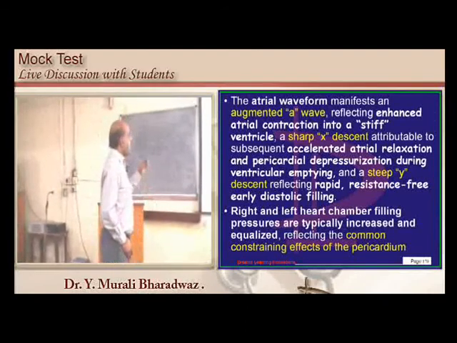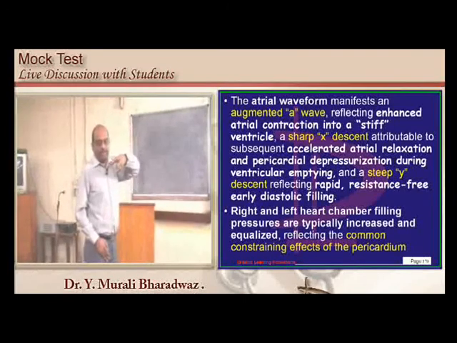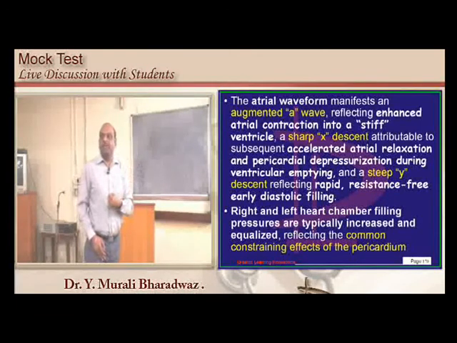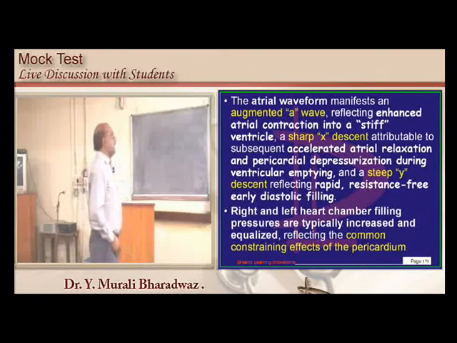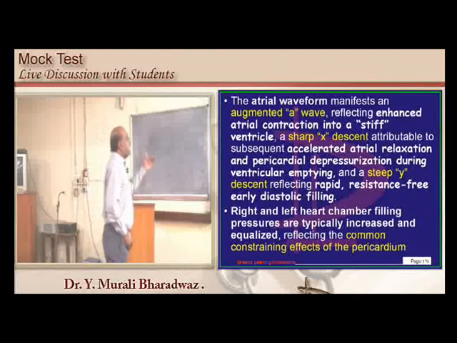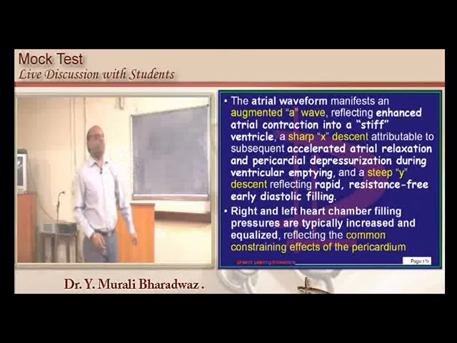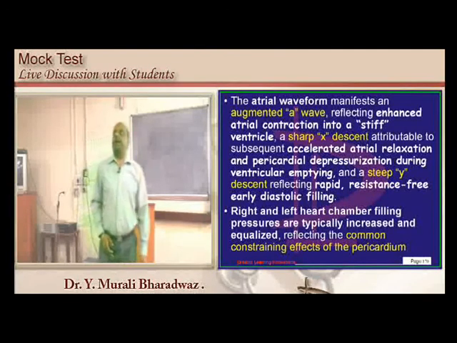If you look at the A wave, typically there is an augmented A wave, because atrium is trying its best, even last 1/3 may, can I push the blood into the ventricle, though the ventricle expansion is restricted by the surrounding pericardium. So that's the reason augmented A wave will be there, because atrium is pushing the blood into the stiff ventricle. Then there is a sharp X descent, and there will be a steep Y descent which characterizes the constrictive pericarditis.